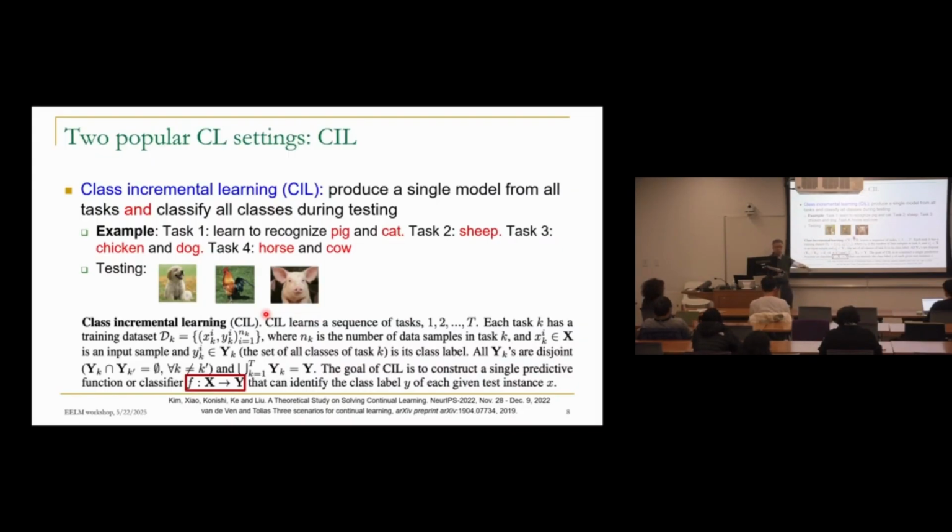That means there's no way I can establish the decision surface between these three classes. But there is a way, right? What is the way to separate them? When you learn sheep, without seeing pig and cat, I still can separate pig and cat, and I still can do out-of-distribution detection for sheep, pig and cat, right?